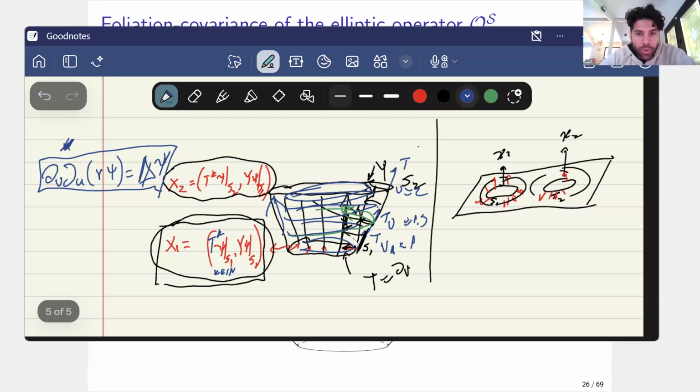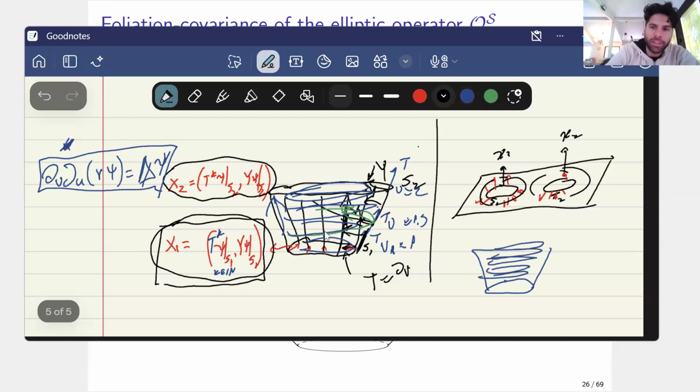What if I can go from S1 to S2 by following a different family of sections? Instead of starting like that and moving like that, what if I start from S1, I finish at S2, but as I go away from S1, I move like that? Different. Then I will have different spheres, different metrics, different elliptic operators, different adjoints.